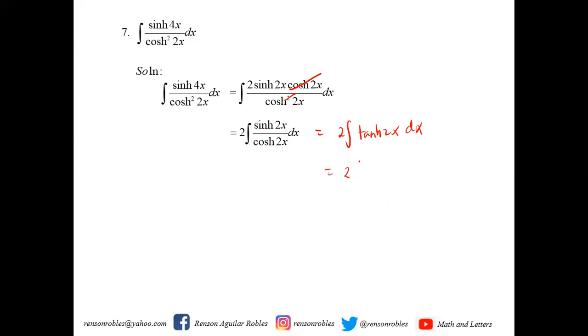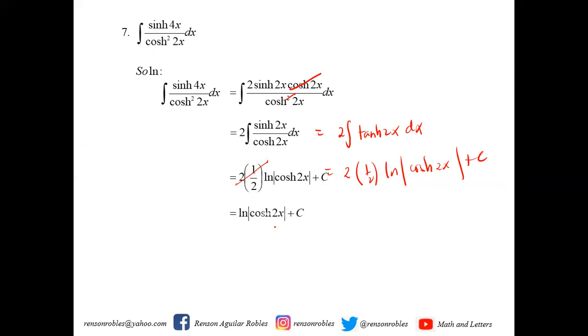So we now have 2 times the reciprocal of 2, that's 1/2. The integral of tanh is ln of cosh, then you copy 2x plus c. That's 2 times 1/2 ln of cosh 2x plus c. Finally, you have ln of cosh 2x.